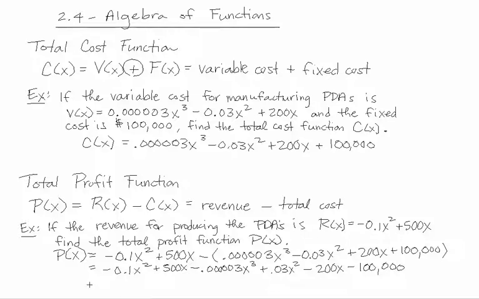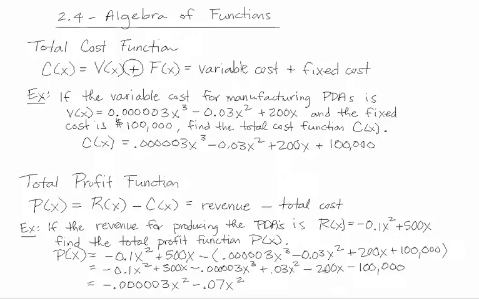And then we want to see if there's any like terms that we can combine. We've got the x cubed by itself. I'm going to write that in. And then we've got a negative 0.1x squared and a plus 0.03x squared, which would give us negative 0.07x squared.